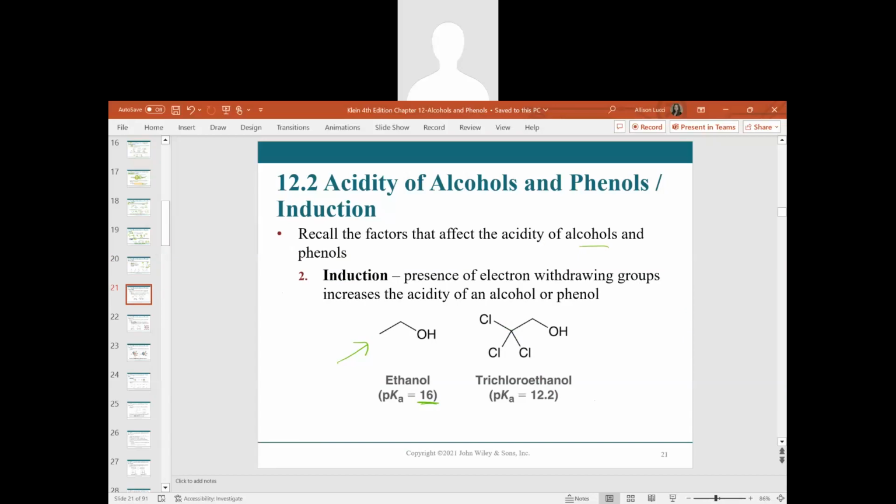If we were to add very strong electron withdrawing groups like these halogens here, these highly electronegative atoms, these chlorines, this inductive effect would occur, and it would be that much easier to remove this proton because of all the electron withdrawing groups here, kind of pulling that electron density away from that OH bond. So that's why we see trichloroethanol is much more acidic than its parent alcohol, just ethanol.